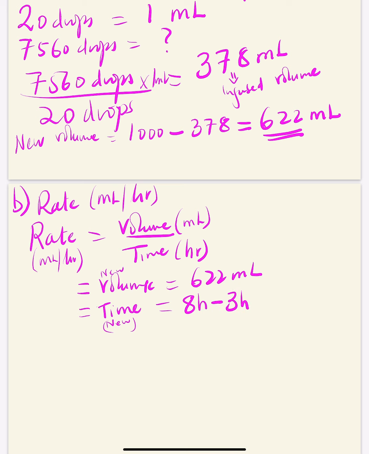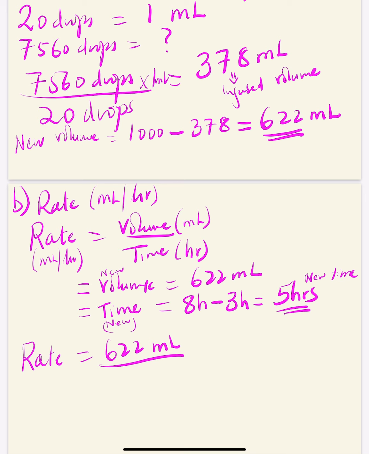What's left is 5 hours, so this becomes our new time that the infusion needs to run when we get the volumetric pump. Now rate is equal to volume, 622 milliliters, divided by 5 hours.